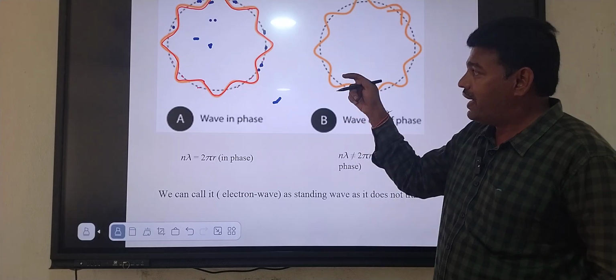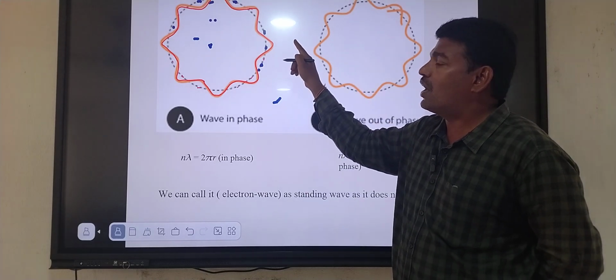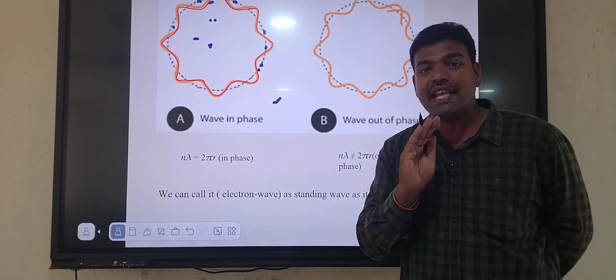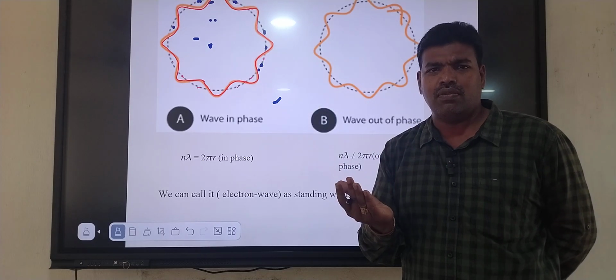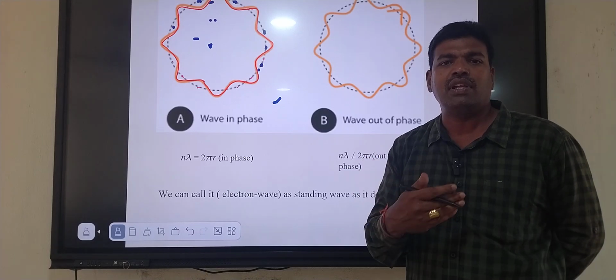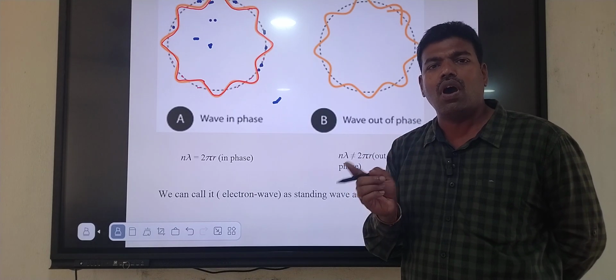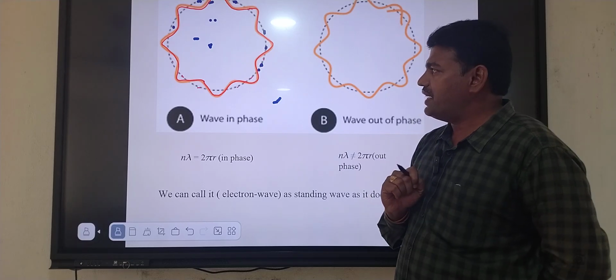So henceforth we call this an electron wave or a standing wave, whichever way you are convenient.